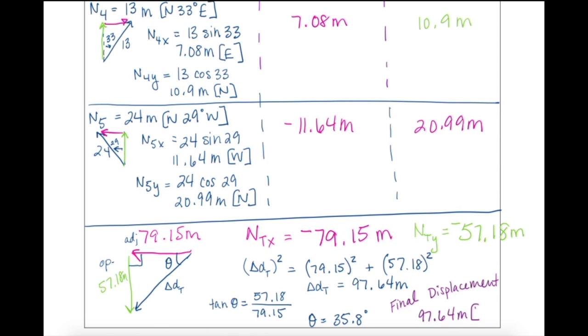Because if it's based off of this line here, we dropped down here, that's where theta is. So west, and then that angle was 36 degrees south.